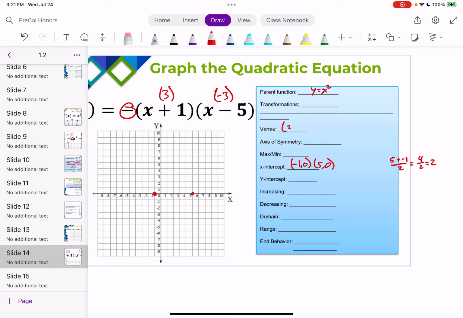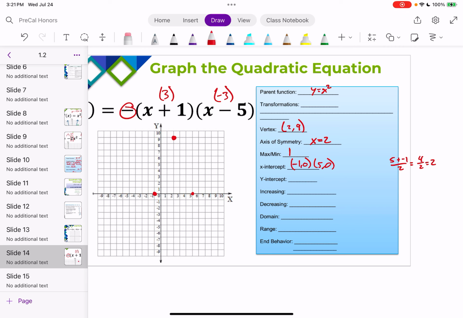And we have the negative from the outside. So that's going to be -3 times -3, which is a +9. Axis of symmetry is x is equal to 2. 2, 9 would be our vertex.